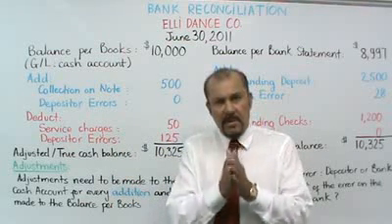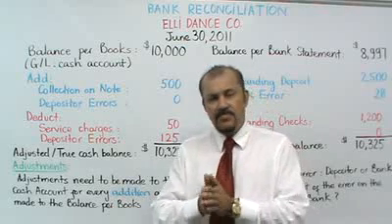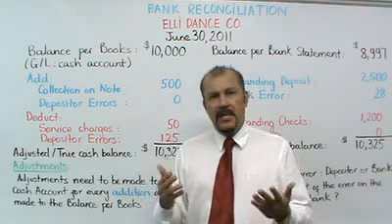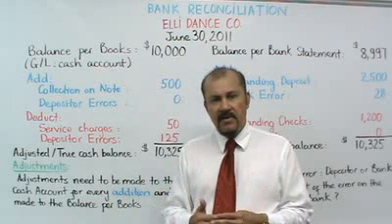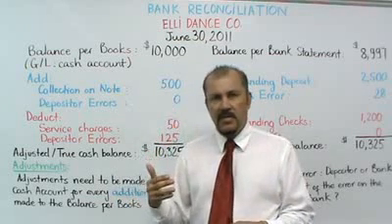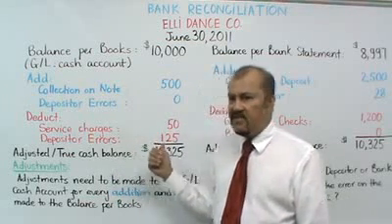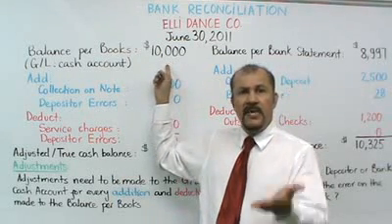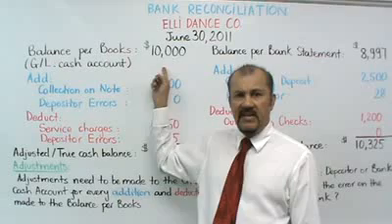So even though the deposit was made for $1,000, Ellie's bookkeeper showed a deposit of $1,125 going in. That means Ellie's bookkeeper made an error of overstating the deposit by $125, and that caused Ellie's book balance to be higher, to be overstated by $125.